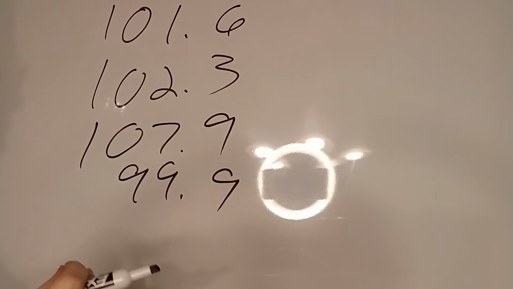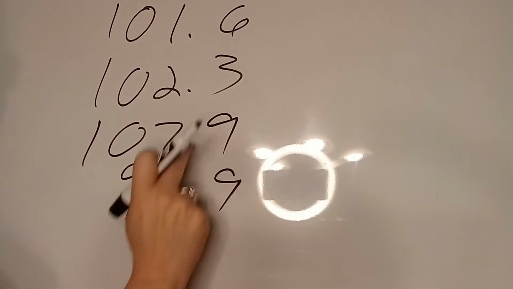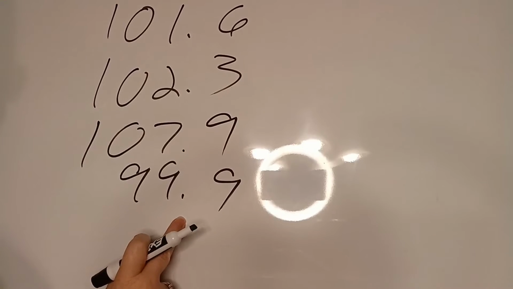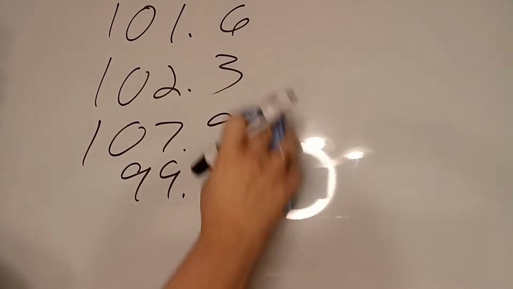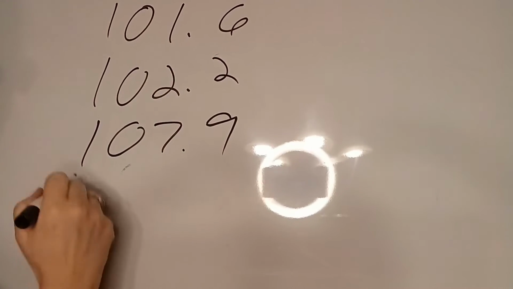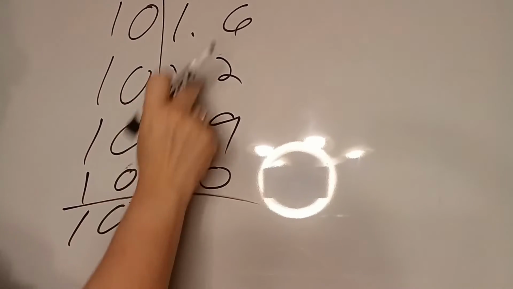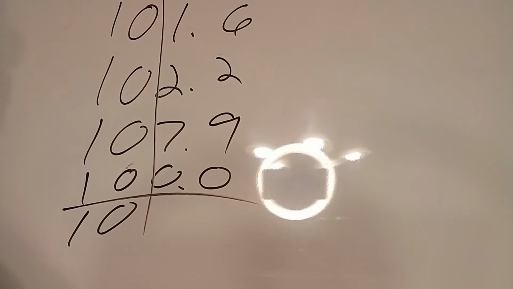So let's make them all 100, which means that we just have to put one of them down here, right? So we'll change this to a 2.2, and that gives us 100, right? So now we know this is going to be 100 something. So we just have to average these numbers.